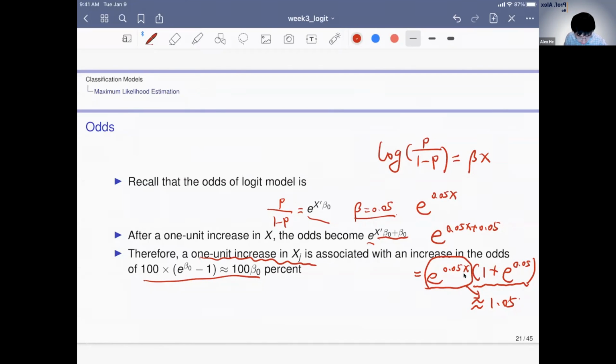Let me say again: when beta equals 0.05 and when x increases by 1 unit, the odds ratio increases by 5%. So that's the interpretation. That 5% is 100 times beta, 100 times 0.05 equals 5. So that's another way to interpret this.